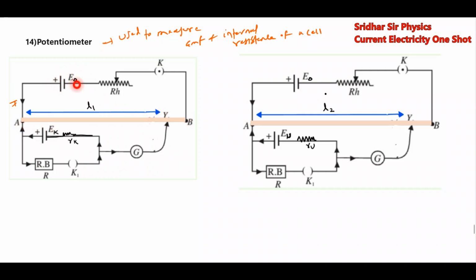This is called a standard cell. This part is called the primary circuit, and this is called the secondary circuit. First, we have to measure the EMF and internal resistance. So for that purpose, this is a standard cell, or the primary circuit. This will be the secondary circuit.